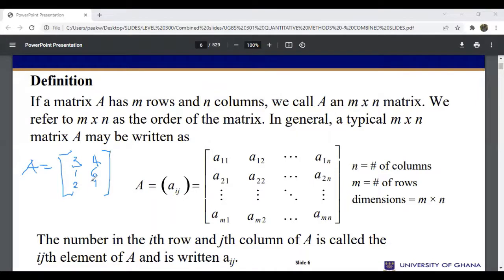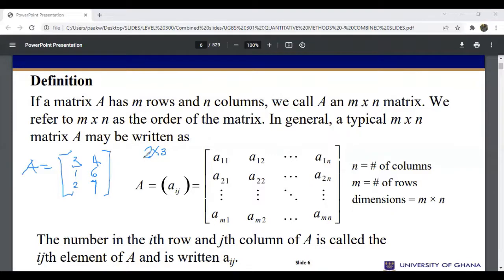Okay, so who can tell me the dimensions of this particular matrix A here? 2 by 3. Okay, so Andrews is saying 2 by 3. Are you all saying it's 2 by 3, or is someone having a different answer?